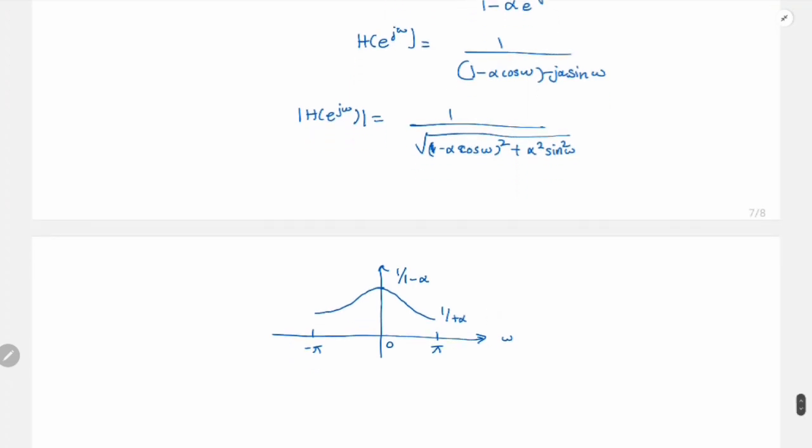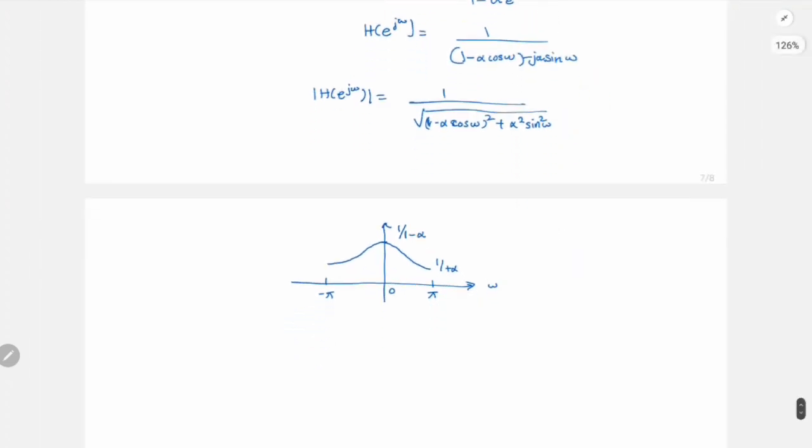Similarly, your phase of h of e power j omega will be minus tan inverse of minus alpha sine omega by 1 minus alpha cos omega. So this will be your phase. I am not plotting it now since it is a very complex function. But usually if you have a very simple expression, you can plot them. But what mostly matters is this amplitude or the magnitude information.